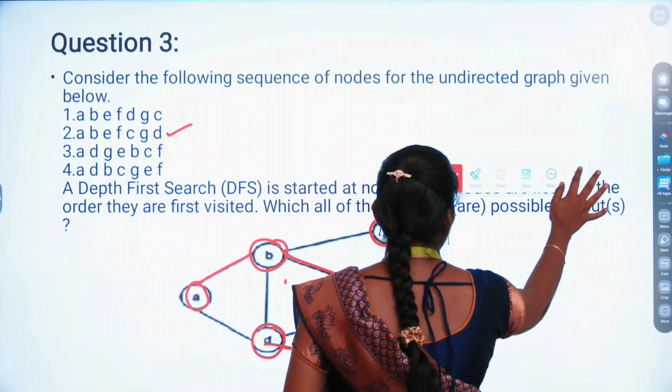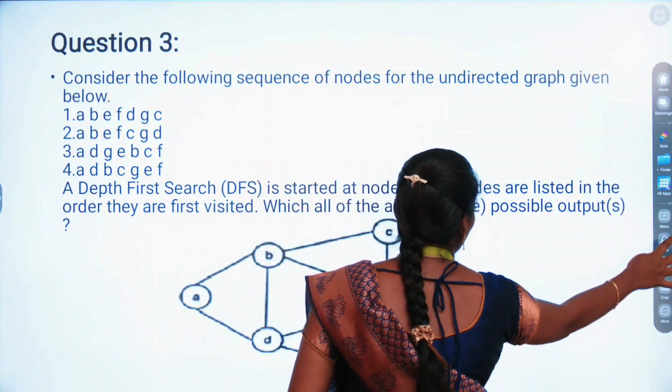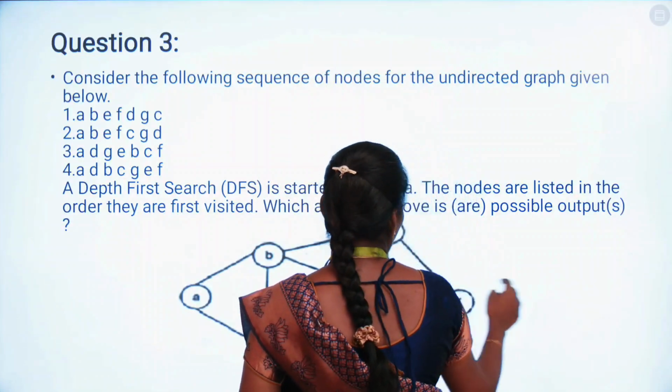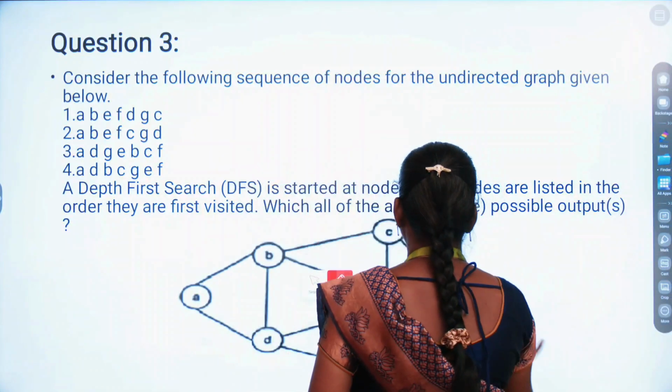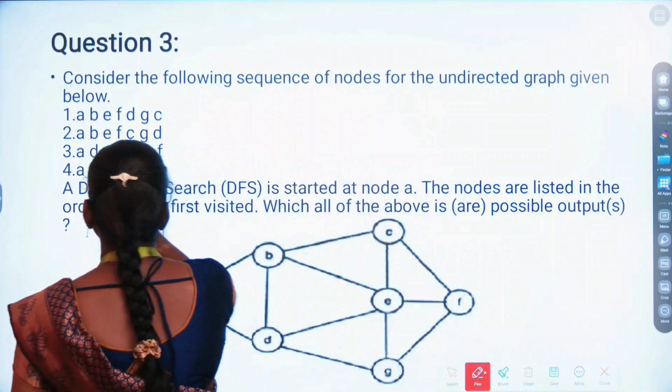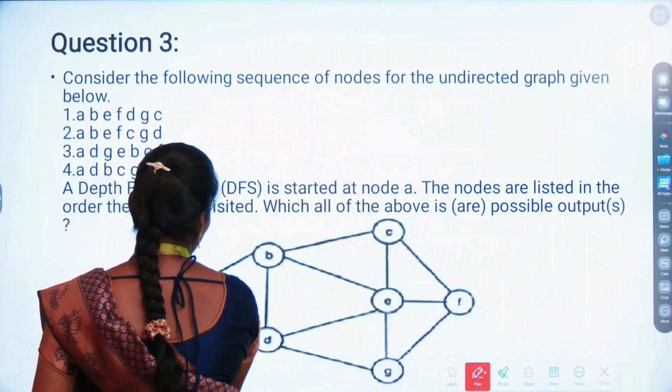Now let us check option C. The option C starts with the node A, as I said earlier.